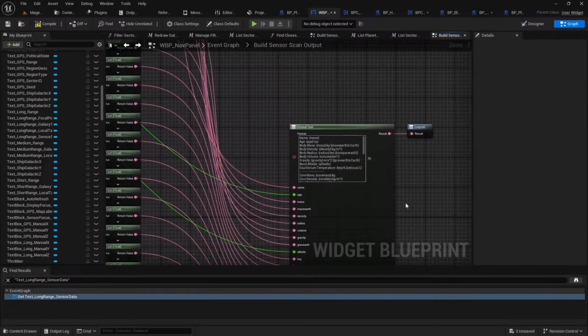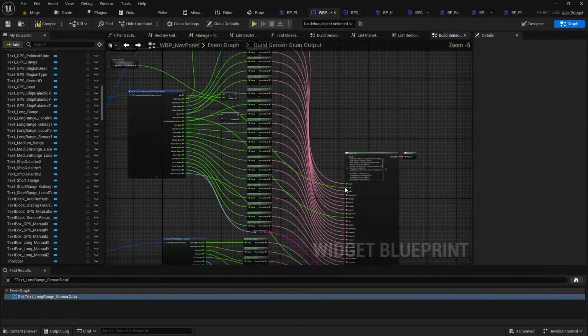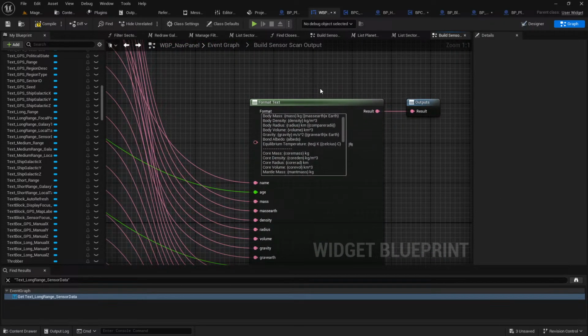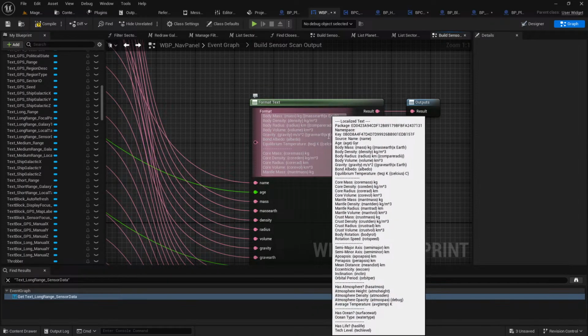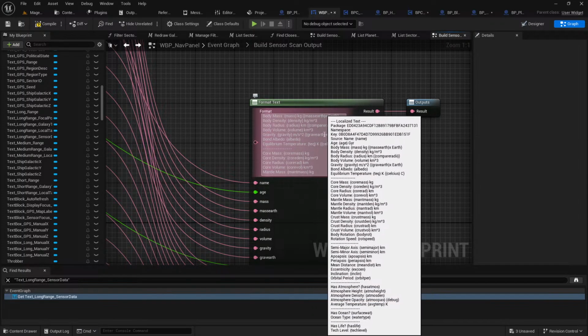Of course, a complication of doing it like this, and again, this is just for testing purposes, it's not going to stay horrendous like this, is we need to switch that depending on whether it's a gas giant.